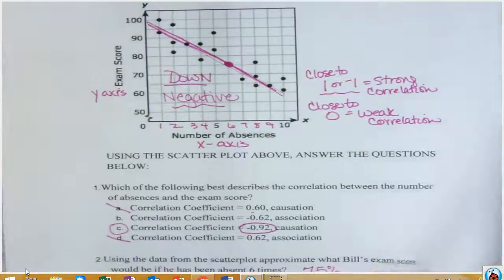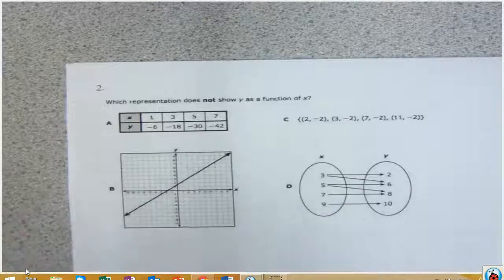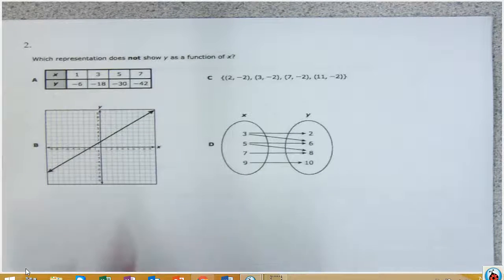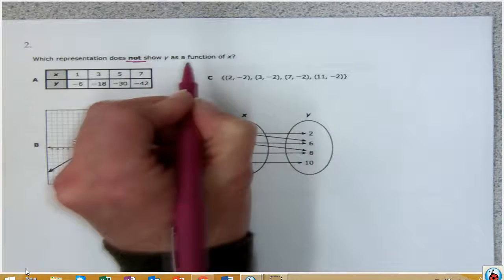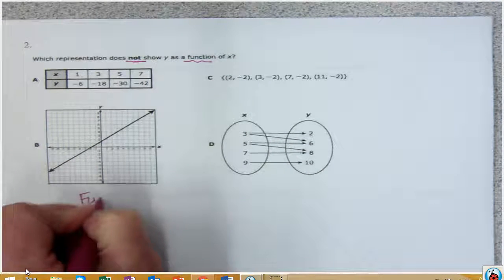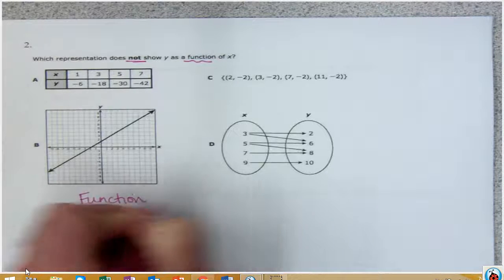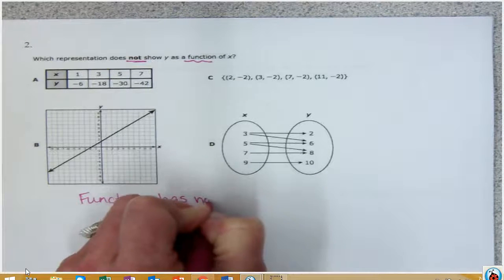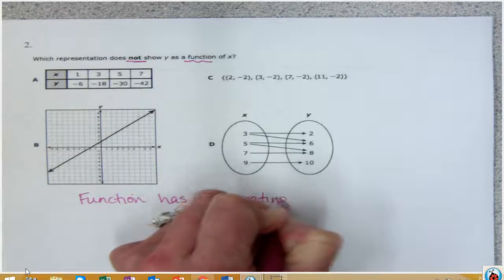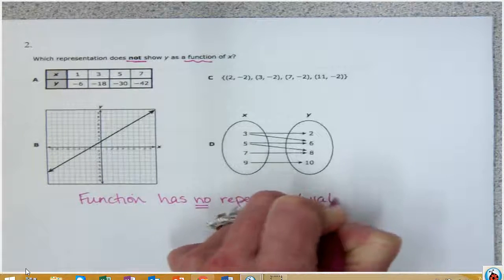Moving on. Then we have, which representation does not show y as a function? We know that a function has no repeating x values.